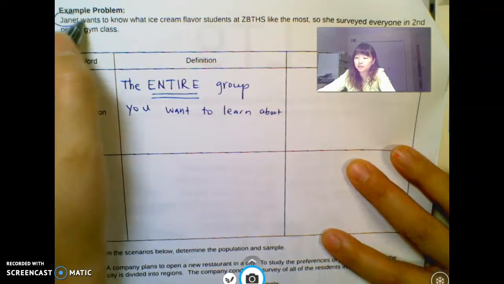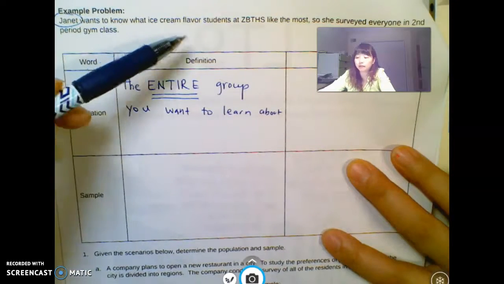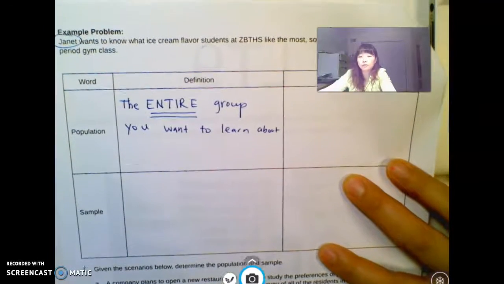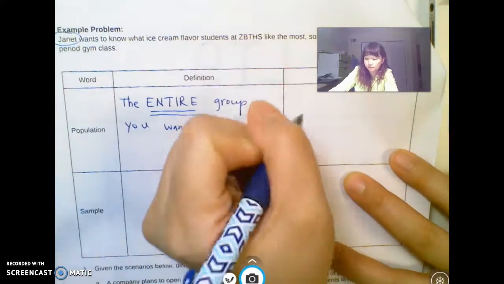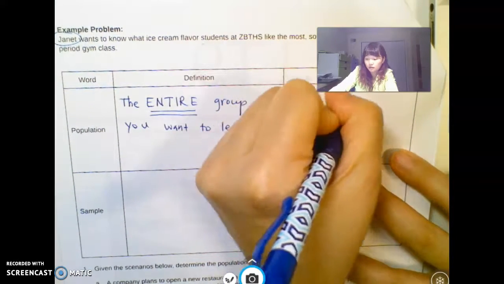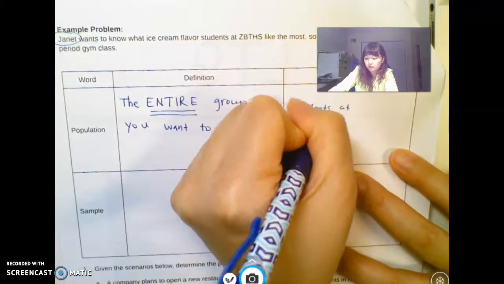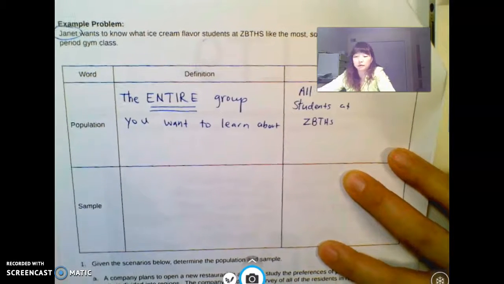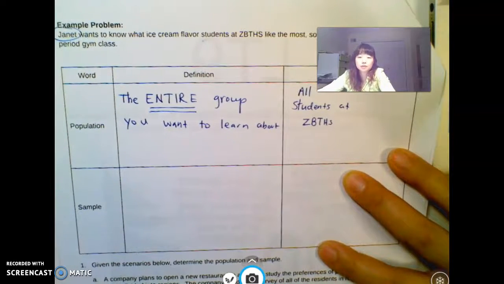So in this story with Janet, she wants to know what ice cream flavor every student at ZBTHS likes. So the population in this story would be all students at ZBTHS. I missed that part. So all students at ZBTHS would be the population, right?